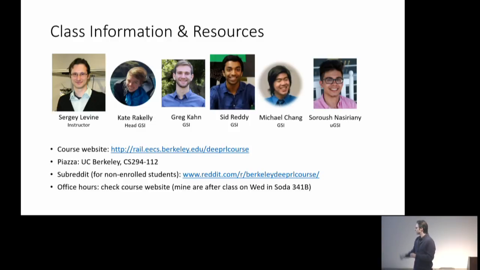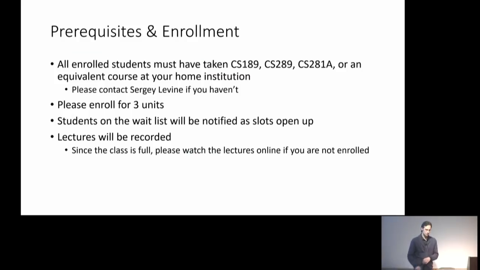Okay, so that's introductions. Now some prerequisites and enrollment information. This is an advanced graduate level class. Its primary purpose is to prepare you for doing research in deep learning and reinforcement learning, and it's really primarily aimed at PhD students. That said, we do have a number of master's students and undergraduate students in the course, and that's great. But you should make sure that you meet the course prerequisites.